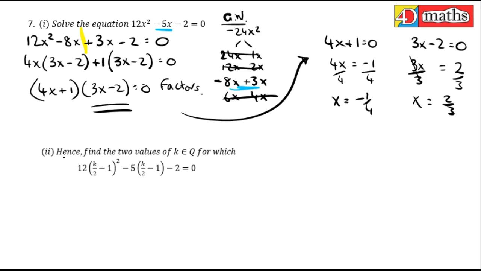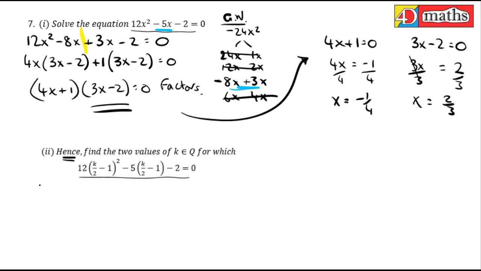Now the second part of the question says, hence, find the two values for k for which this minus 5 times this minus 2 is equal to 0. Now if you compare the two of these, there are a lot of similarities. It's equal to 0 for a start. There's a minus 2 at the end. There's 5 times something, and up here is 5 times x. And there's 12 times something squared, which is 12 times x squared.